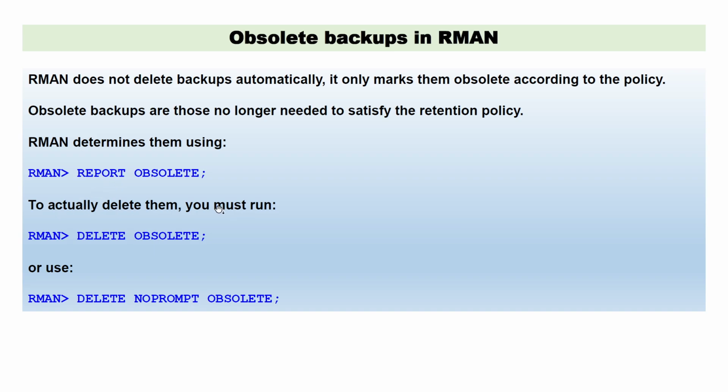To actually delete them, you can run delete obsolete or delete noprompt obsolete. So report obsolete basically will list the obsolete backups, and then you can physically delete them using delete obsolete or delete noprompt obsolete.